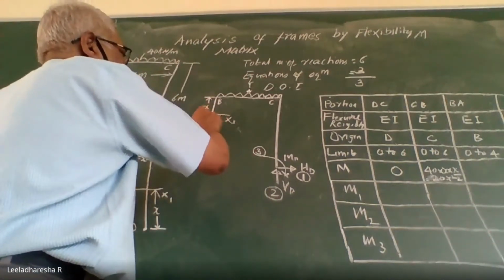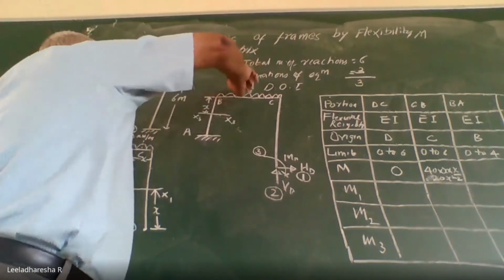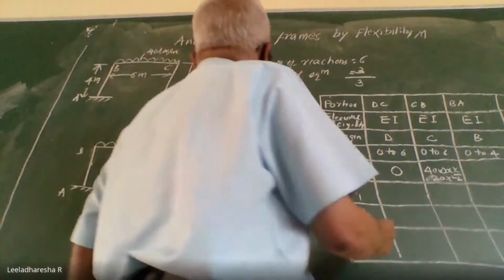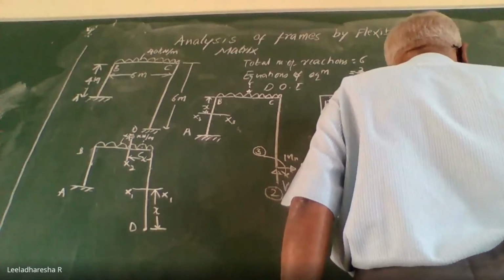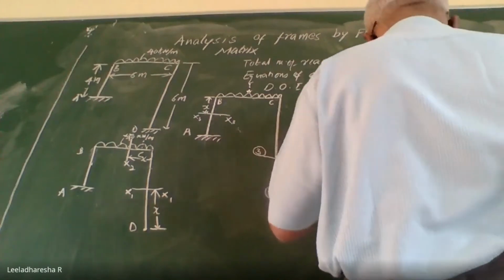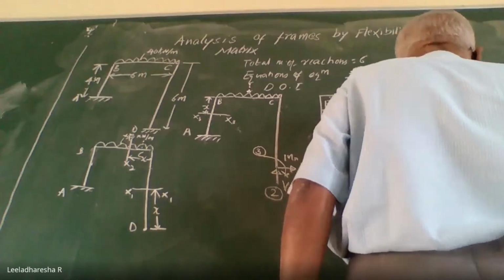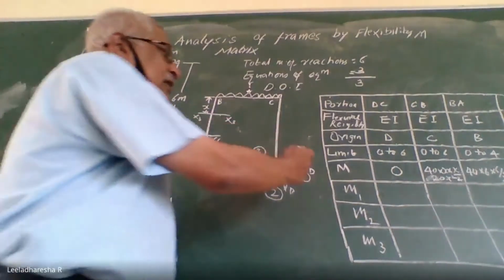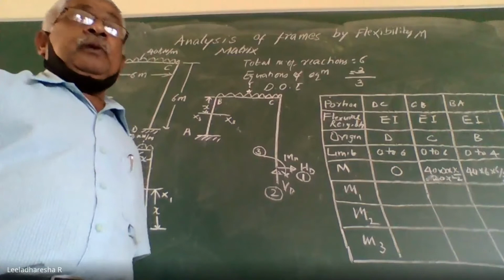So, what is its effect over any portion here? This will have a bending moment in clockwise direction. So, it is nothing but 40 into 6 into 6 by 2. So, you get this bending moment as equal to 720 kilonewton meters.